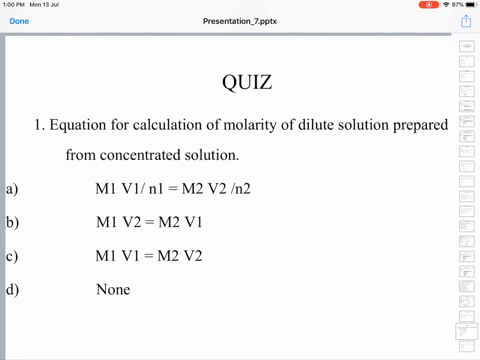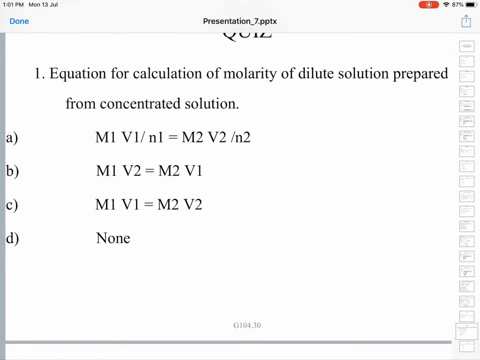Knowing the concentration and volume of concentrated solution, we can find out either the final volume of the dilute solution, or final concentration of the dilute solution, or the quantity of solvent added. For this we use the equation M1 V1 is equal to M2 V2. Quite obviously we have seen that earlier. That is the C answer here.